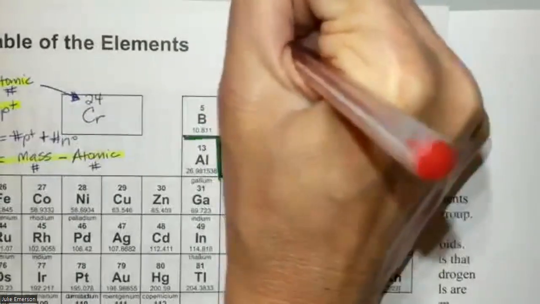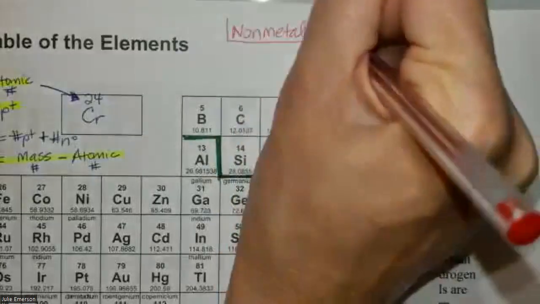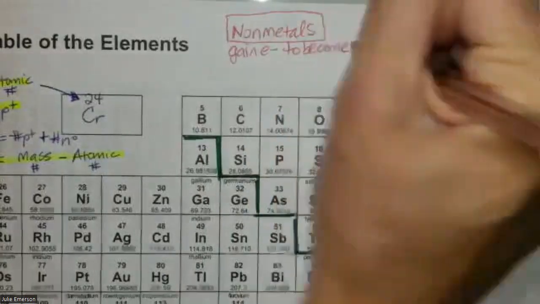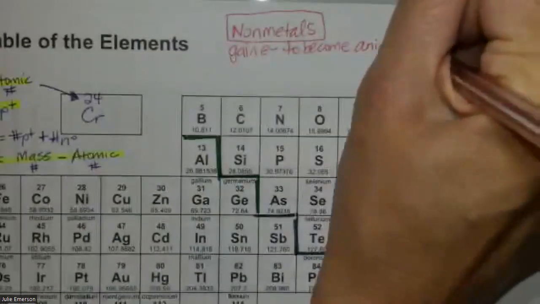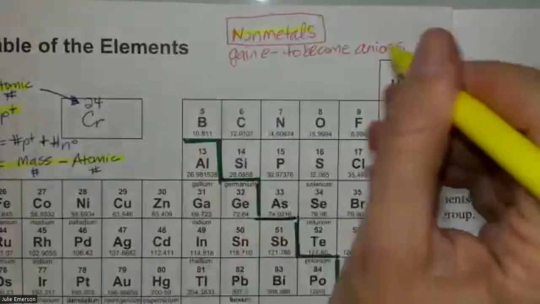These are your nonmetals. And nonmetals typically like to gain electrons to become negative anions. All right, so nonmetals like to gain electrons to become anions.